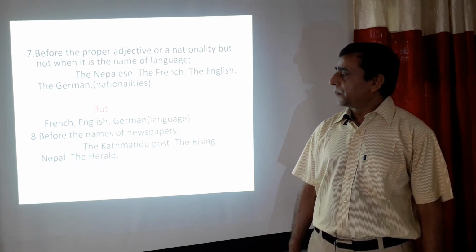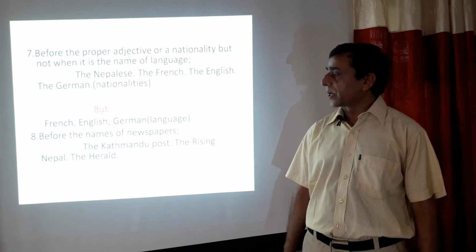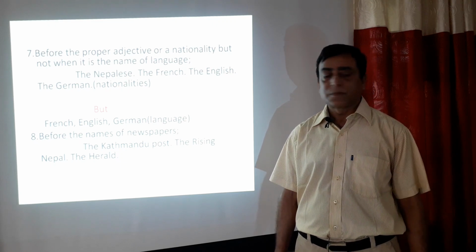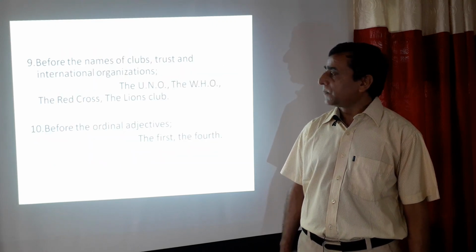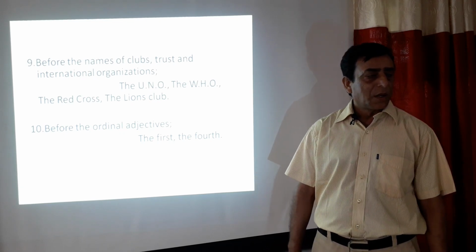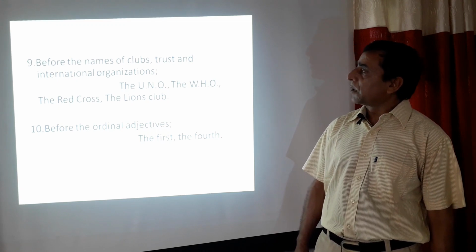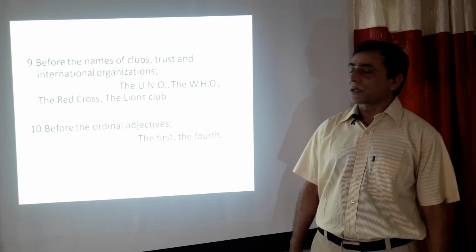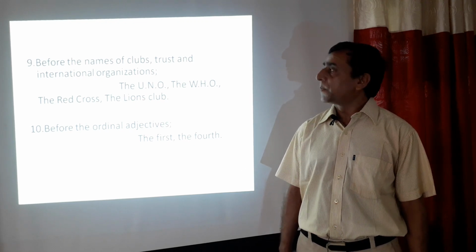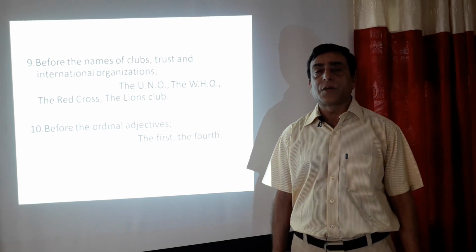Number eight, before the names of newspapers, we use the article. For example, the Kathmandu Post, the Rising Nepal, the Herald. These are examples of newspapers. Number nine, before the names of clubs, trusts, and international organizations, we use the article.